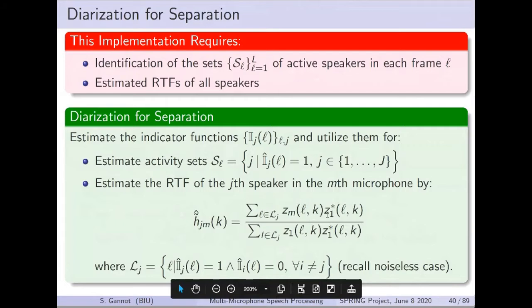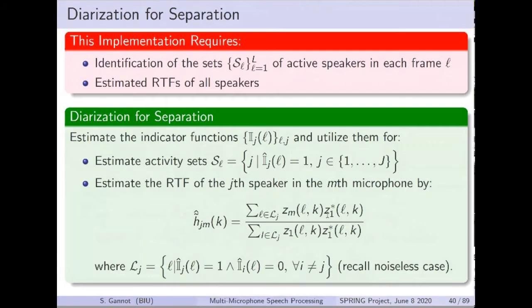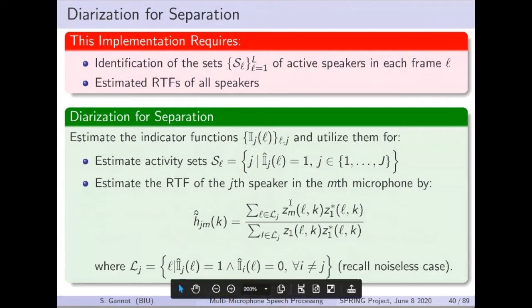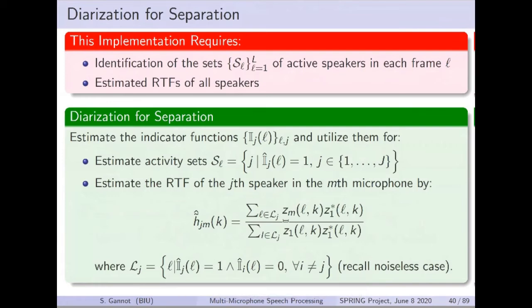This is nothing but some type of Wiener-inspired system identification, which is the cross spectra divided by the auto spectra of the specific speaker, and I do it while collecting all frames in which this specific speaker is speaking alone. You can also see that it only uses Z, which is the received microphone signal. So certainly this is a non-blind problem, which is very good. One thing which is less good is the fact that I have to collect several frames.